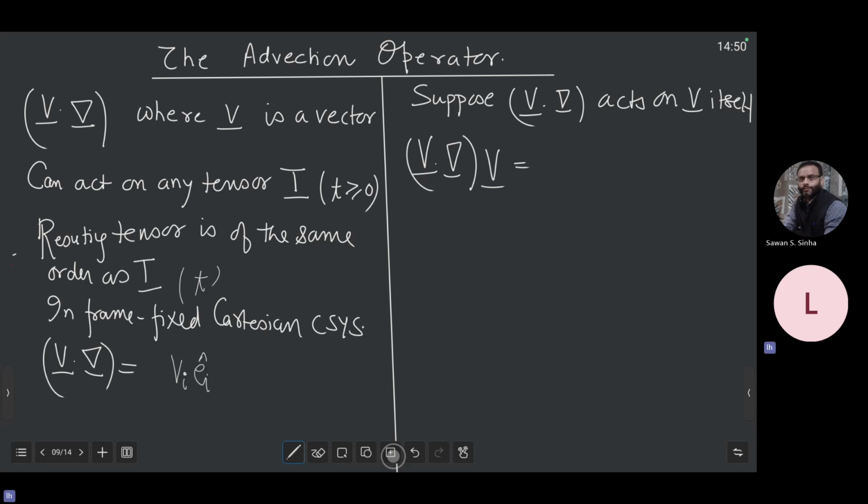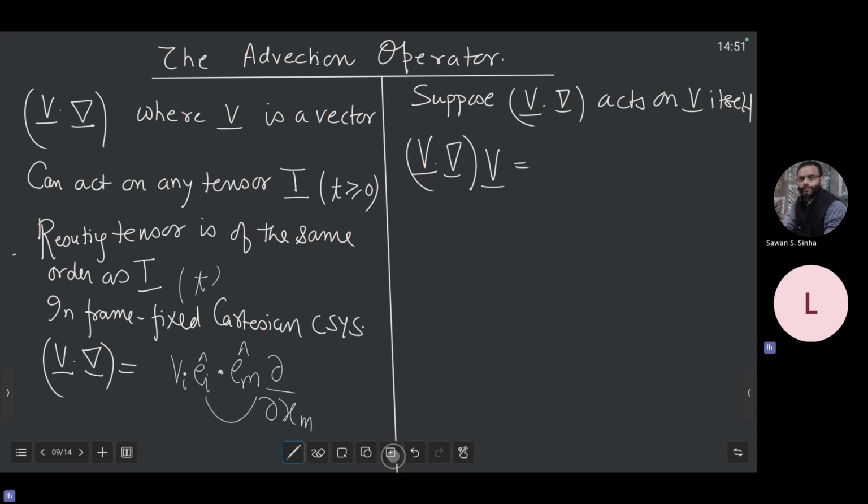That is the full V vector. Dot del vector. How do I write the del vector? And EM. EM is part of it.